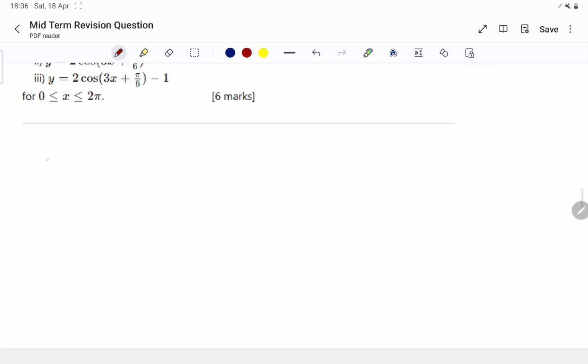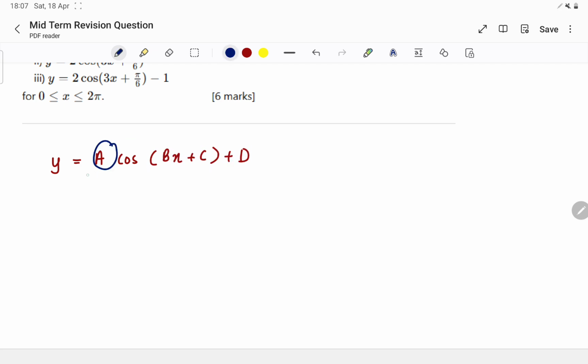So right now we have to remember the original form of trigonometry, because this is a cos, right? Doesn't matter whether it is sine or cos, the transformation that they do is actually the same. So now a cos(bx + c) + d.